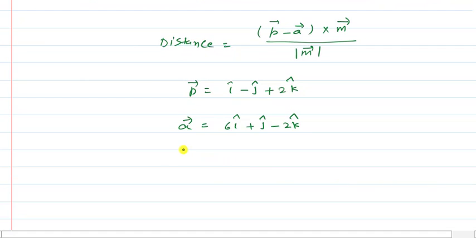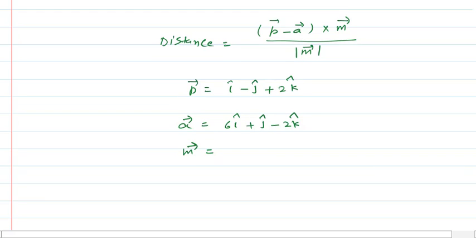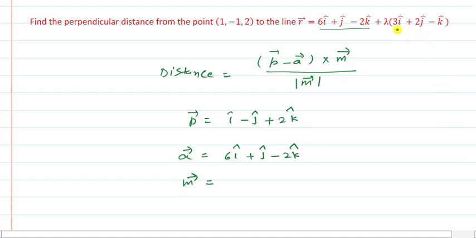Next, I hope you know what vector m is. m is the vector which represents the direction ratios of the line, so this is 3i + 2j - k.